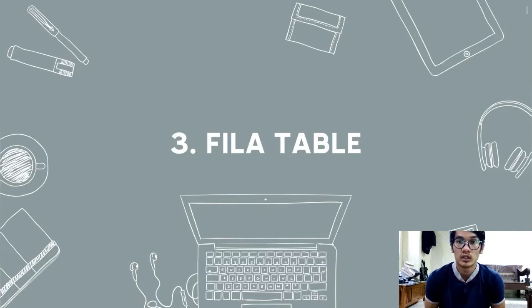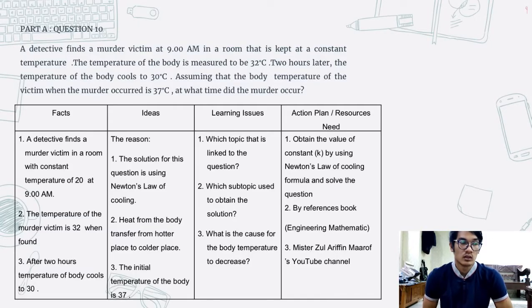Assalamualaikum and good morning. My name is Muhammad Faris Izzuddin. Today I'm going to present about the PBL table. Firstly, I'm going to read the problem statement. The detective finds a murder victim at 9 a.m. in a room that is kept at a constant temperature of 20 degrees Celsius.